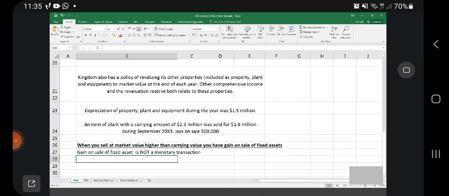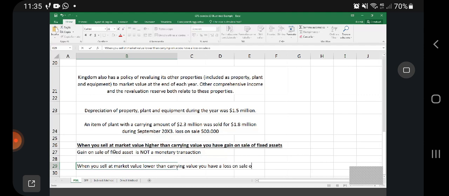So maybe this will come even clearer with the second case. Now, when you sell on the other side, at a market value which is lower than carrying value, you have a loss on sale of fixed assets, okay?